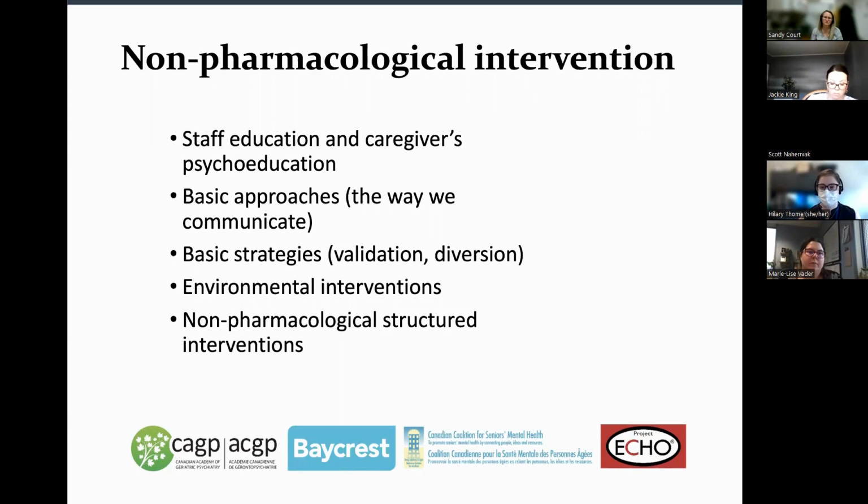Then you have basic strategies like validation, validating what the person feels, or doing some diversion, trying to talk about something that would interest the patient while doing the care, for example, which are very useful strategies. And then one would go on to more, let's say, fancy interventions, like modifying the environment or putting through a non-pharmacological structured intervention.